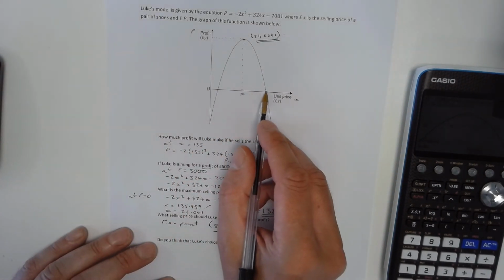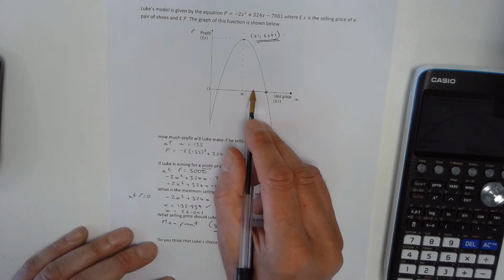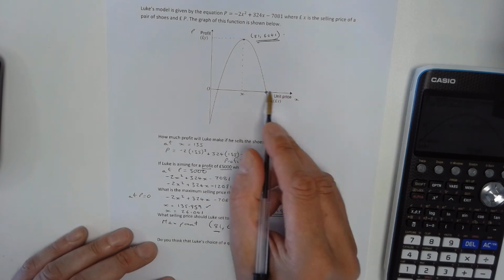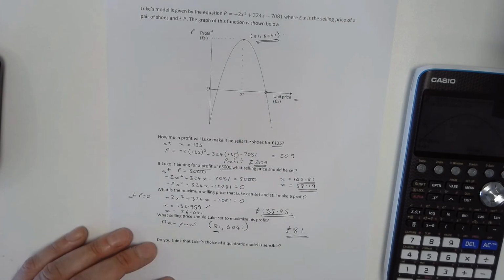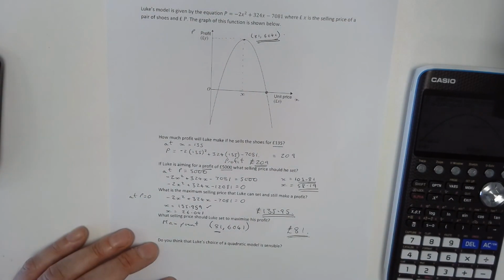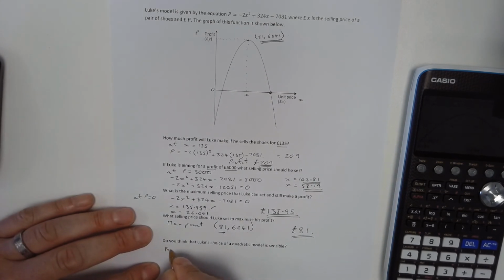If we were to set a very high unit price, I think the upshot is that we're just going to sell less of them. So our profit is not going to go negative. It'll just mean that we won't sell any, so our profit will tend to zero.